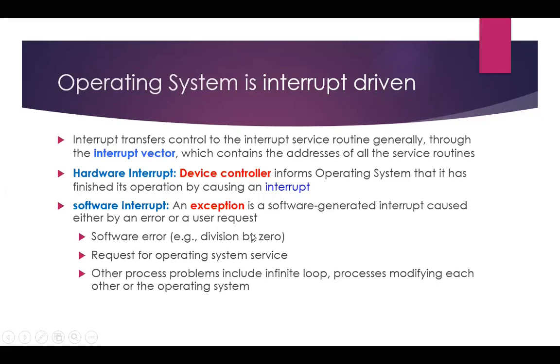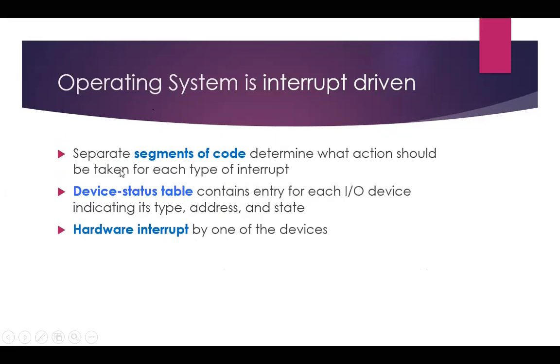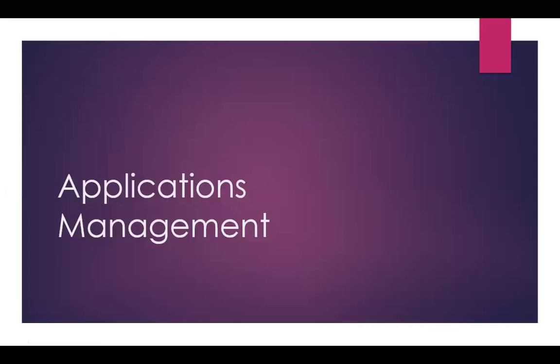They also generate an interrupt. So an interrupt may be either hardware generated or software generated, and our operating system is driven by interrupts. Whenever there is an interrupt, the operating system knows what to do with that interrupt. A separate segment of code determines what action should be taken for each type of interrupt. So that was about how the operating system is interacting with hardware and controlling the hardware. That was the first function of the operating system.